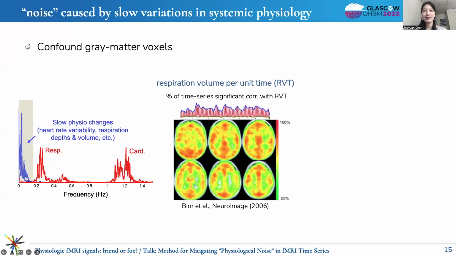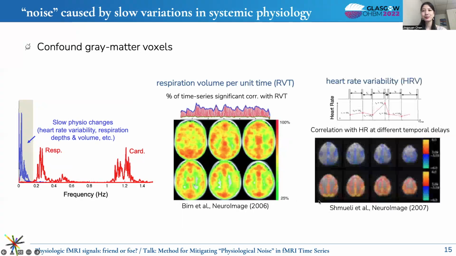And you can see it surprisingly explains the majority of the variance in many gray matter areas. And here is another example where they correlate the heart rate variability to region-wise fMRI time course at different temporal delays. And you can also see prominent correlations between these autonomic processes and fMRI signals.